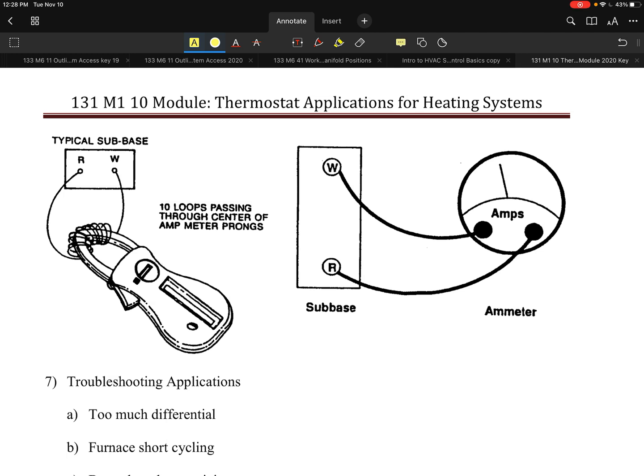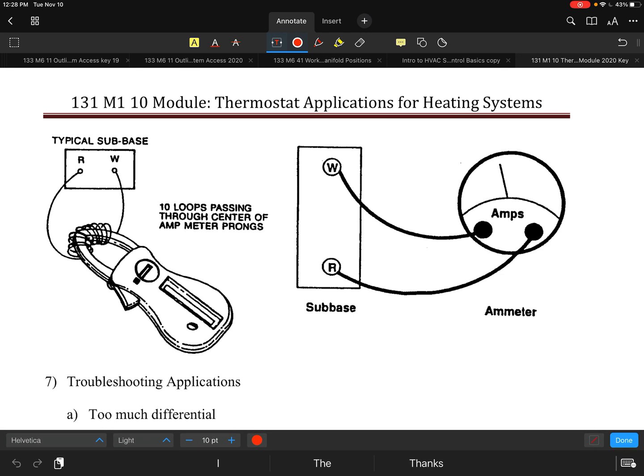So for example, I'm going to go through one quick example. Say you measured 6.5 amps with the 10-turn loop.